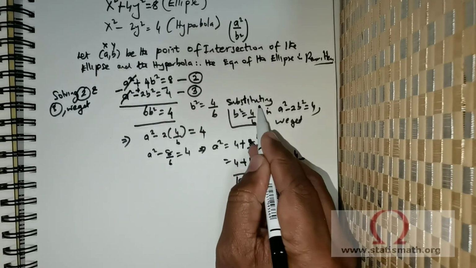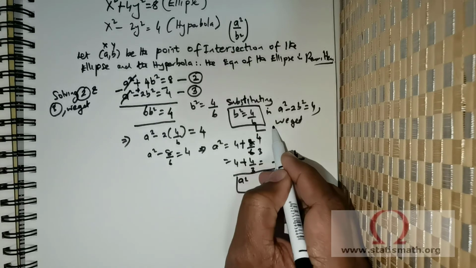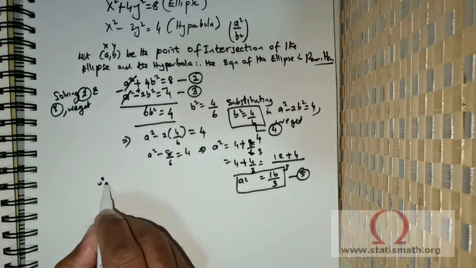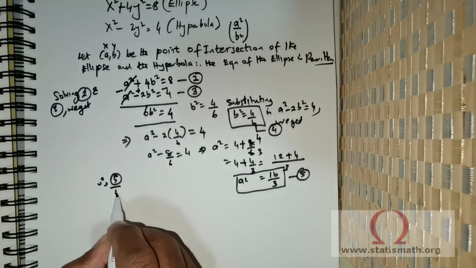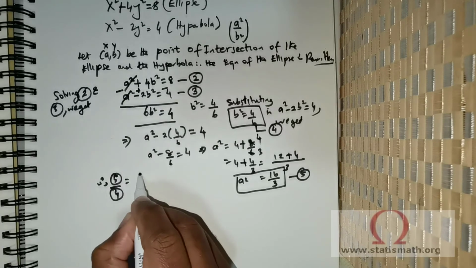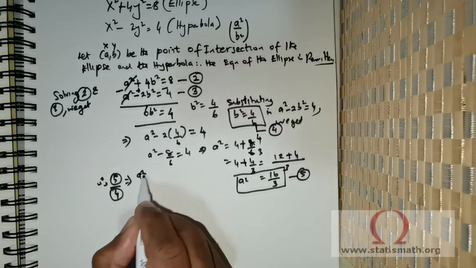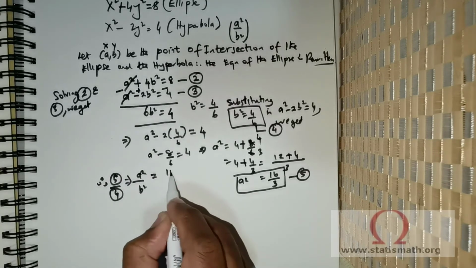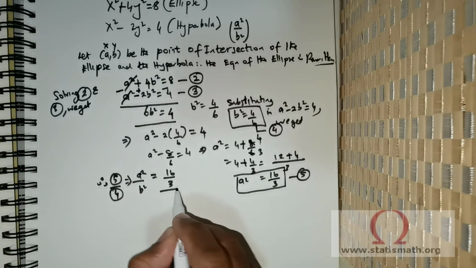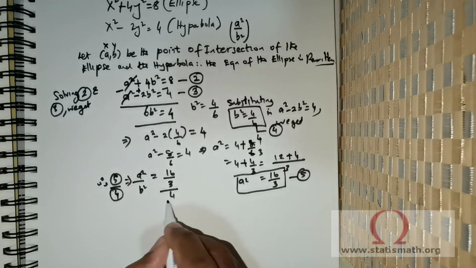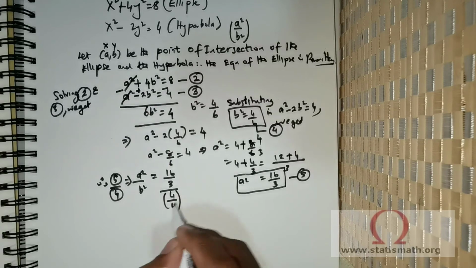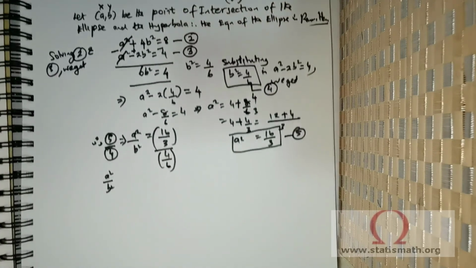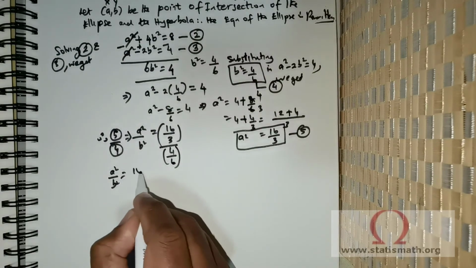Now if I take this as 4 and 5, then 5 divided by 4 gives a squared over b squared = (16/3) divided by (4/6).